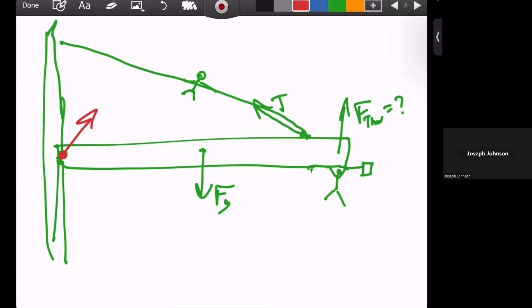So if you're building a bridge, if you're building a building or whatever, if you're an engineer of some kind, it's important to know how much force something can provide and how much force it would be required to provide given a certain circumstance. So you know what its tolerances are, so you'll know when it's going to fail. So we'll call this F_B for the force from the building, and we'll call that F_Thor.